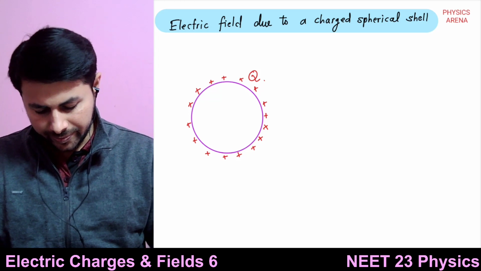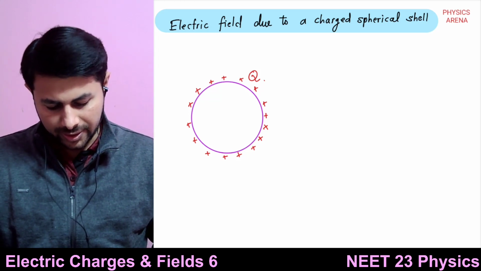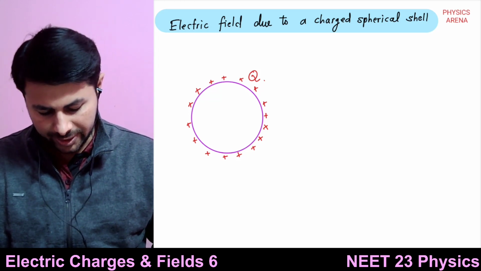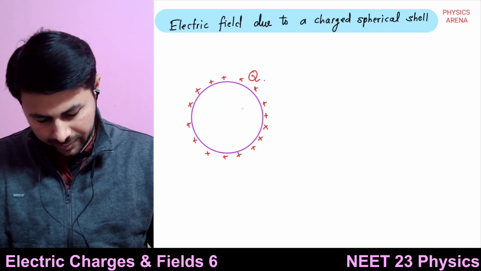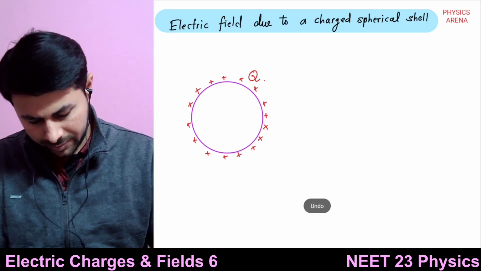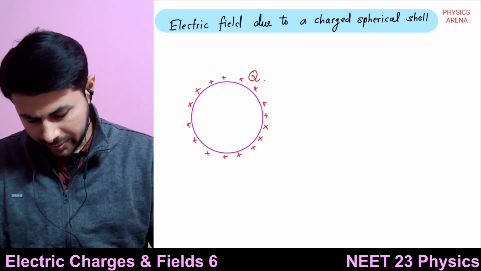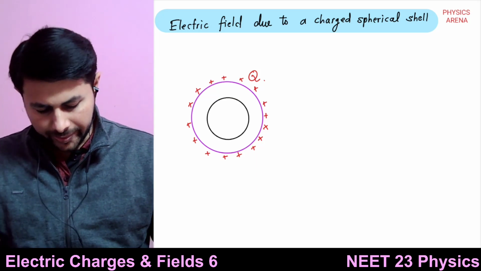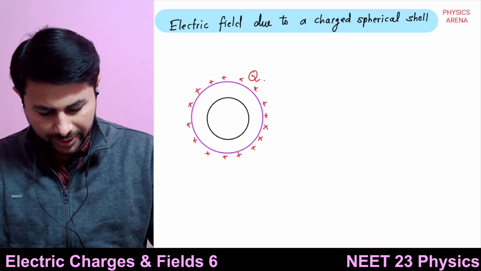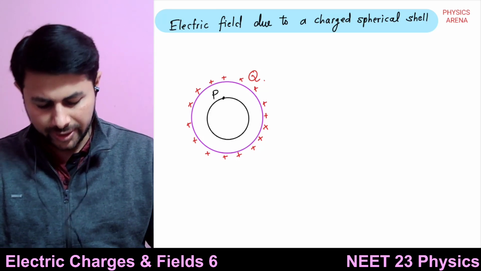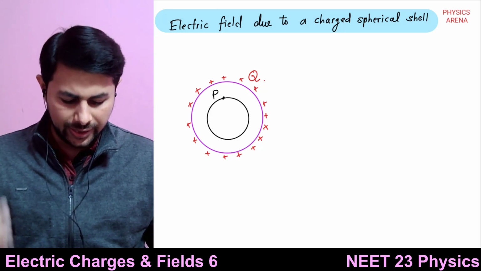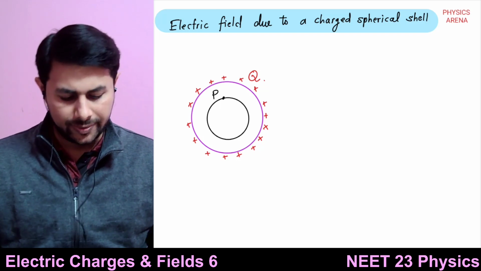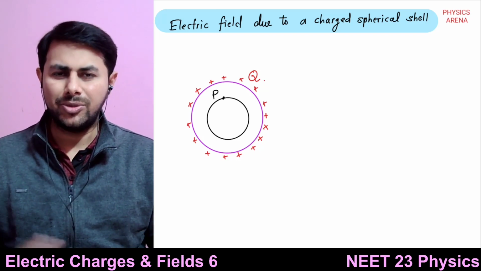So first of all, let's consider a point inside the spherical shell. Okay. So I will draw a Gaussian surface first. Let's suppose I want to find out electric field at this point P, which is inside the spherical shell. Okay. So tell me how much would be the electric field?